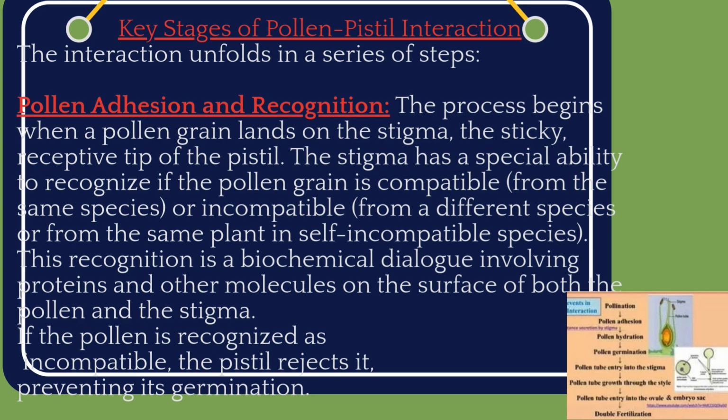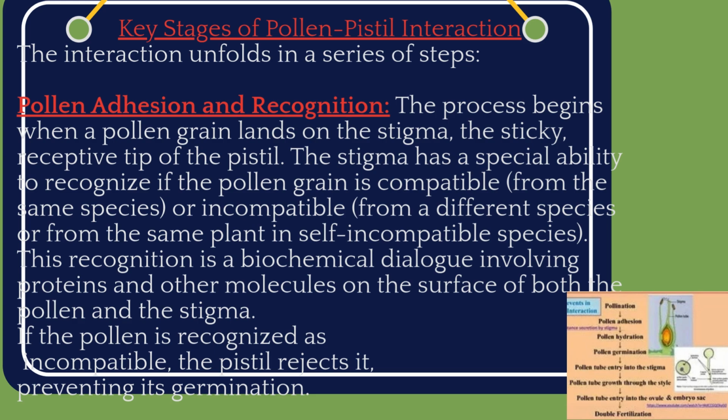The next step is the pollen tube entry into the stigma. If the pollen grain has been recognized, then it will get entry into the stigma.